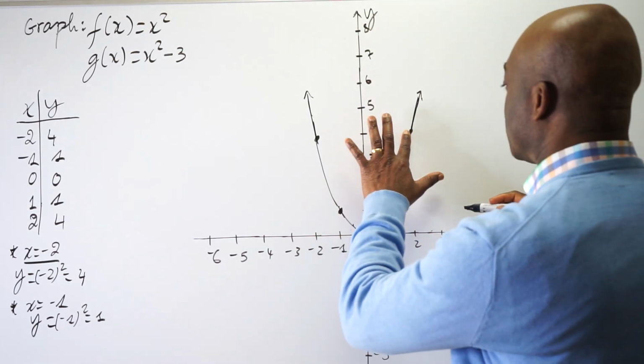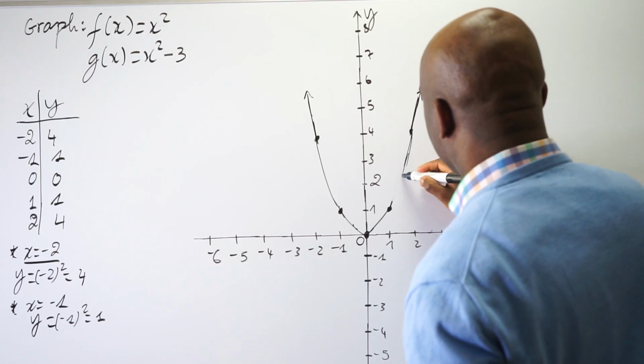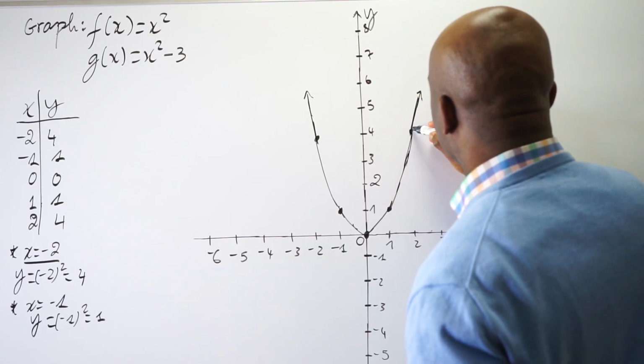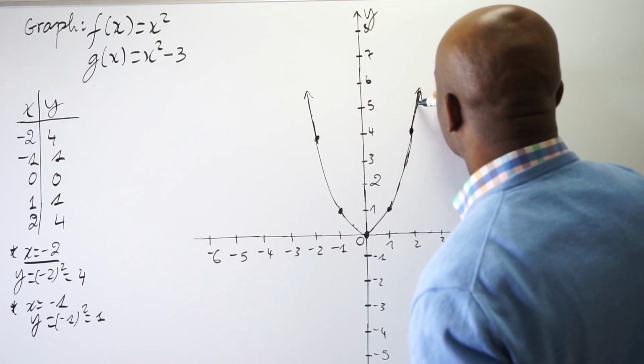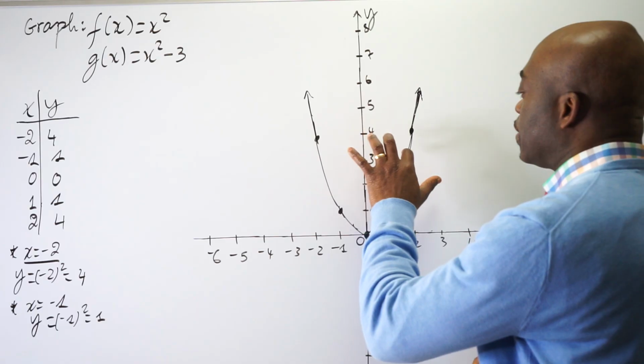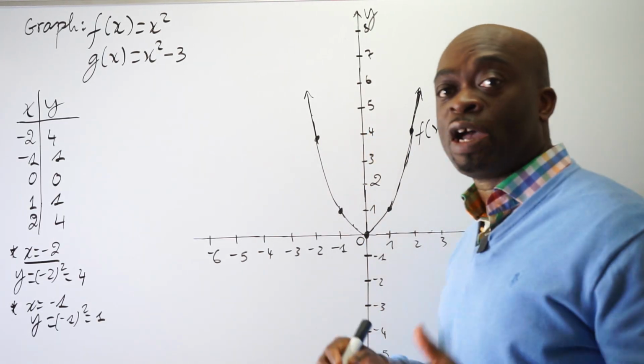And this is actually a symmetric function. All right, let me keep it neat. So this is it for f of x. We have our f of x here, right?